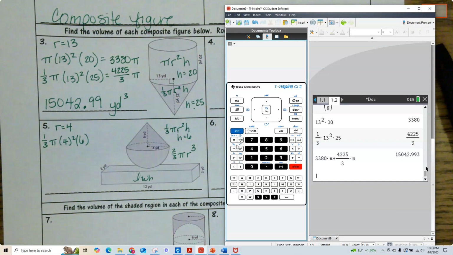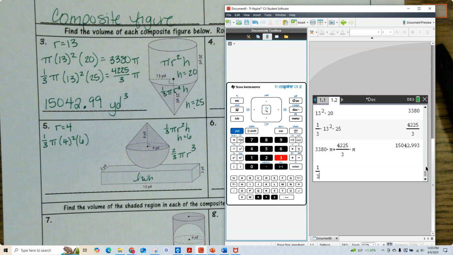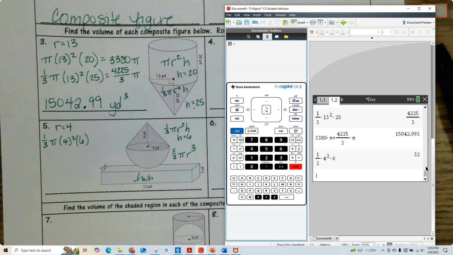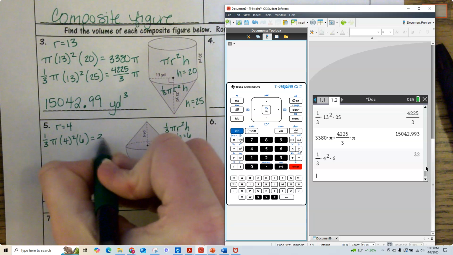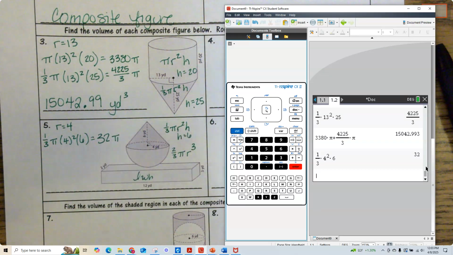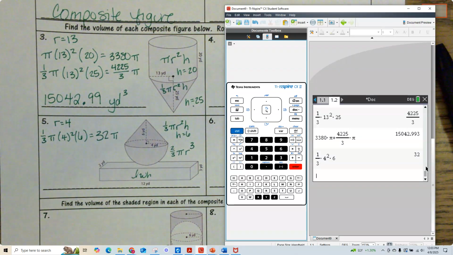Ignore the pi. Okay, so this one is 32, and then attach the pi. Don't forget about the pi. Make sure it gets added in there somewhere.